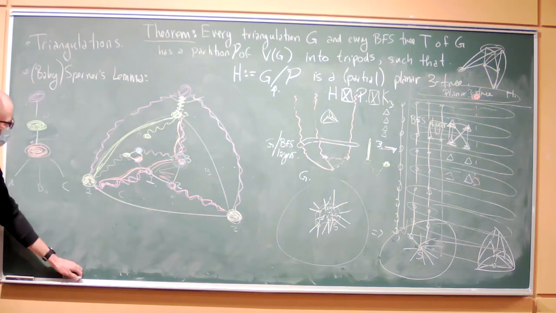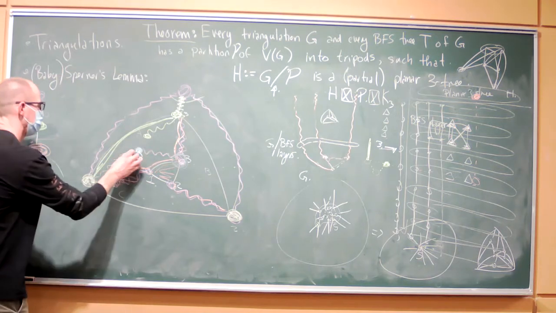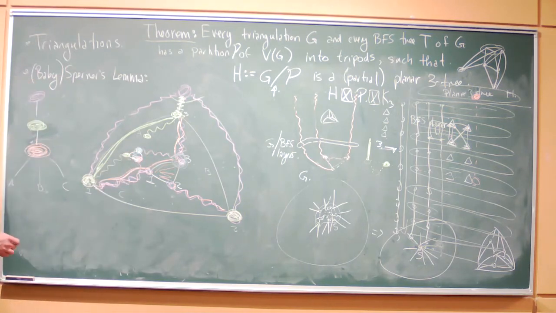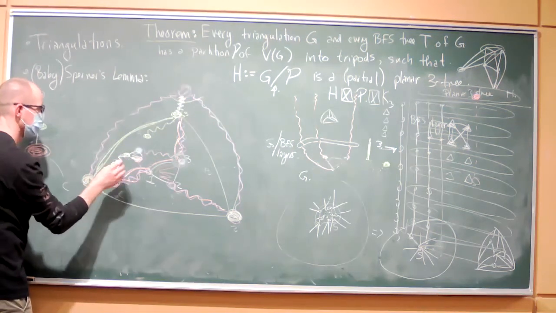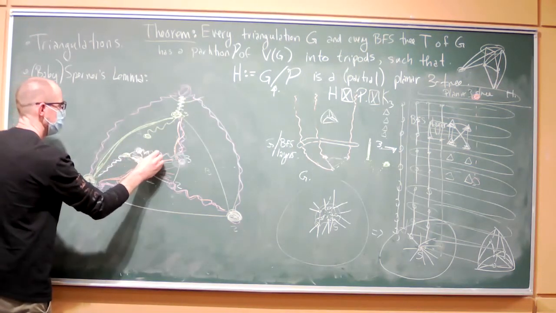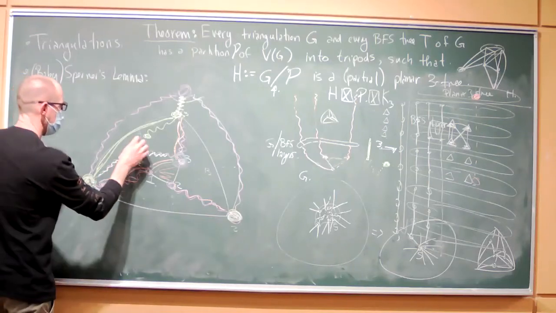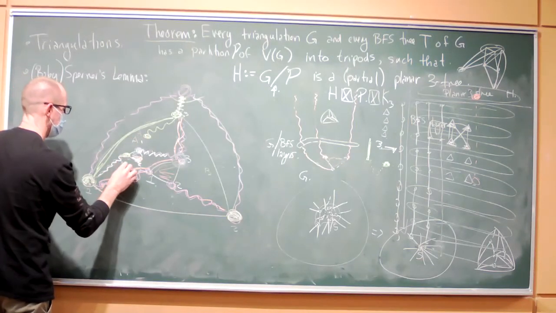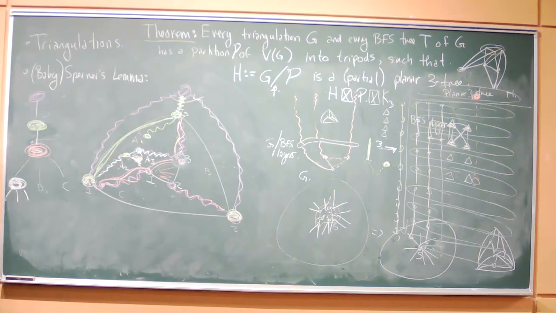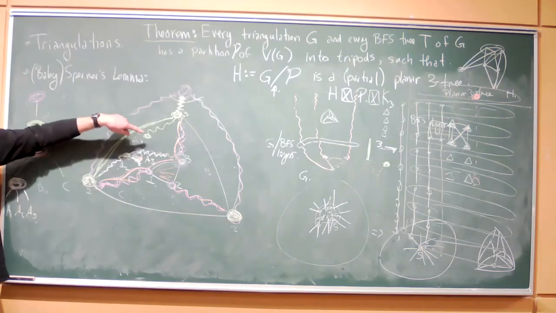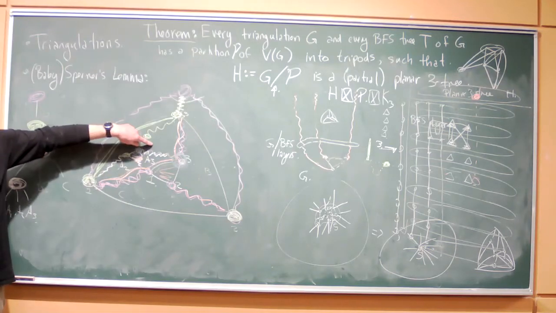Okay. And now I take the tripod, which is this piece, and this piece. Let's call that the white tripod, and it's being used to break up A. And it actually breaks up A into three parts: A1, A2, and A3. And I can recursively do the same thing on each of these parts.